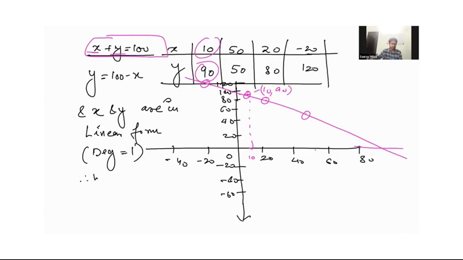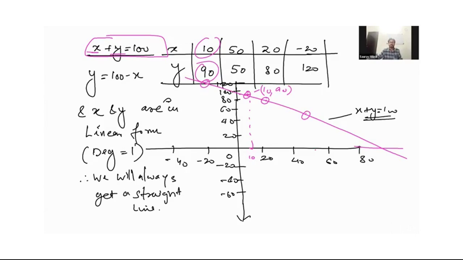Therefore, we will always get a straight line. Clear? So this is your x plus y is equal to 100.